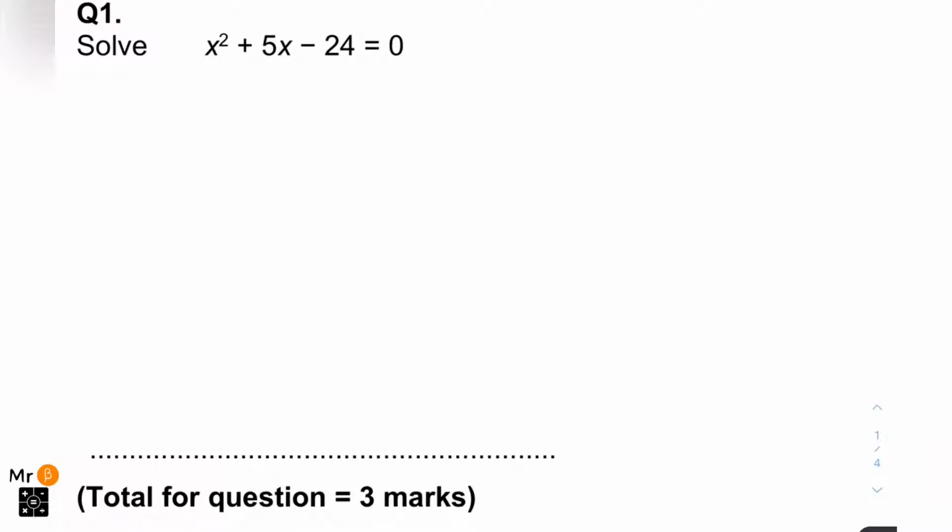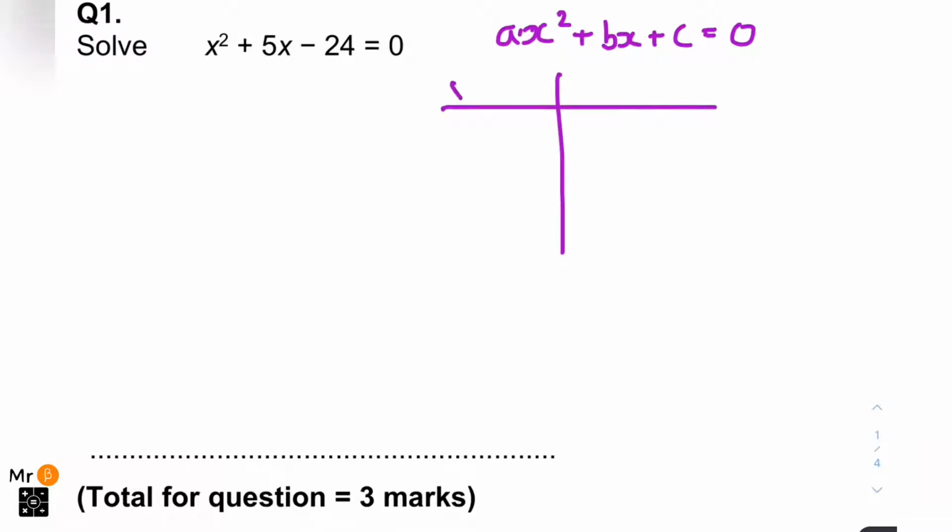However, I'm going to show you the method which will work for all quadratics. So first of all, we need to remember that a quadratic is written in the form ax squared plus bx plus c is equal to 0. And we need to work out two numbers which multiply to give us the product of ac.